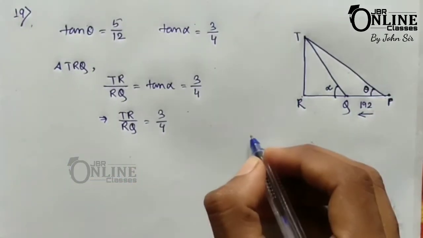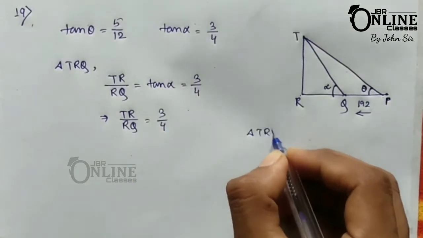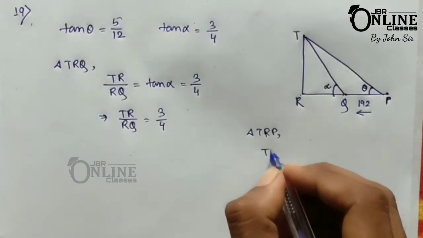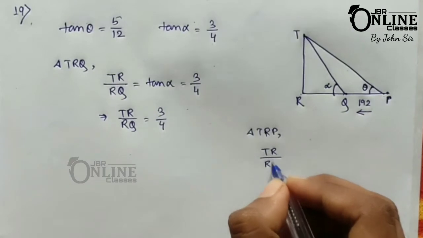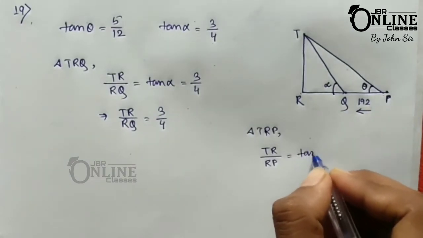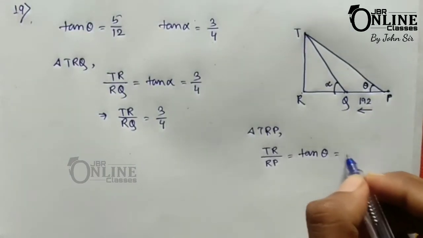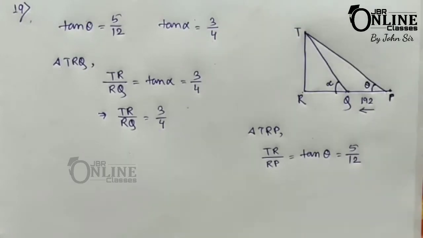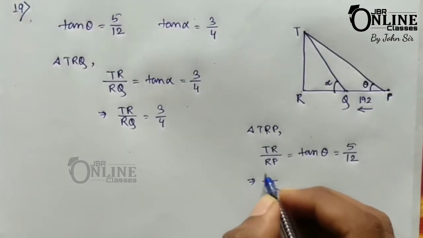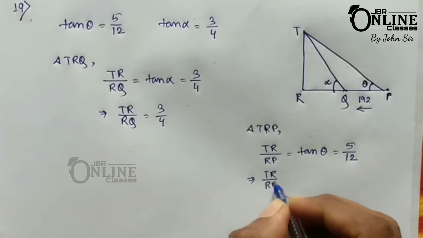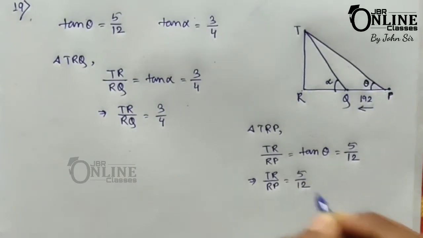Now the next triangle is TRP. According to triangle TRP, we get TR as perpendicular, so TR by RP as base, equal to tan theta. The value of tan theta is given, that is 5 by 12. So TR by RP equal to 5 by 12.